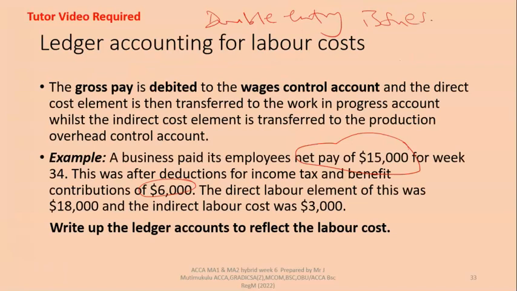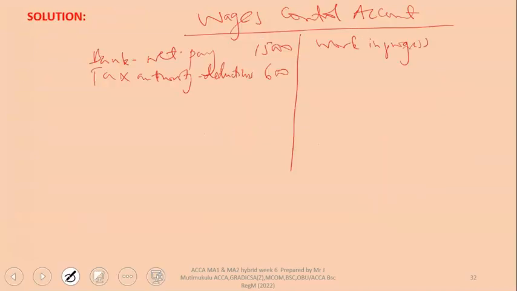The direct labor element of this was 18,000, which is going to be our work in progress, and then the production overhead of 3,000.